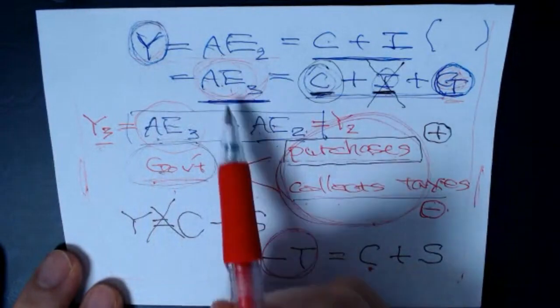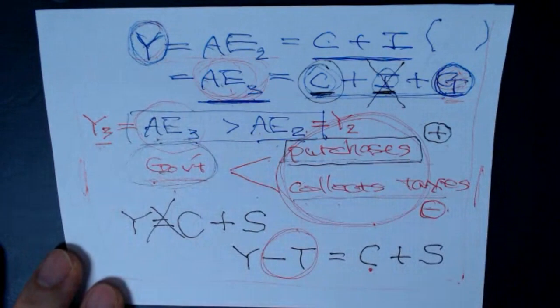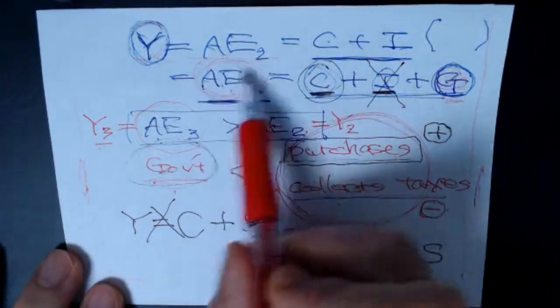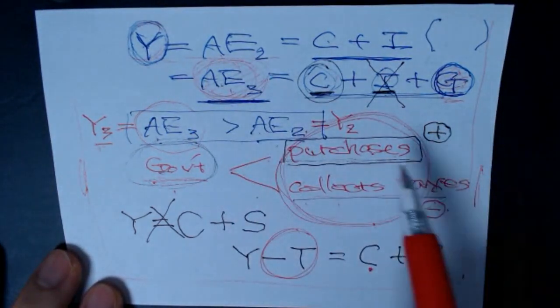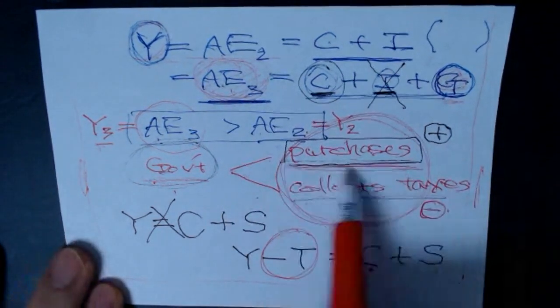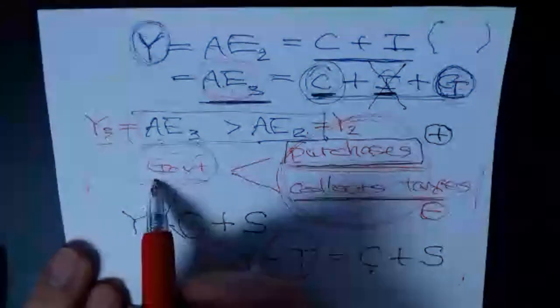If aggregate expenditure decreases, output also decreases. And how can we measure whether aggregate expenditure would increase, decrease, or remain the same? It depends on the individual size of these two effects. Of course, we have to consider the multiplier effect. We're going to learn that soon. But basically, it's like that.